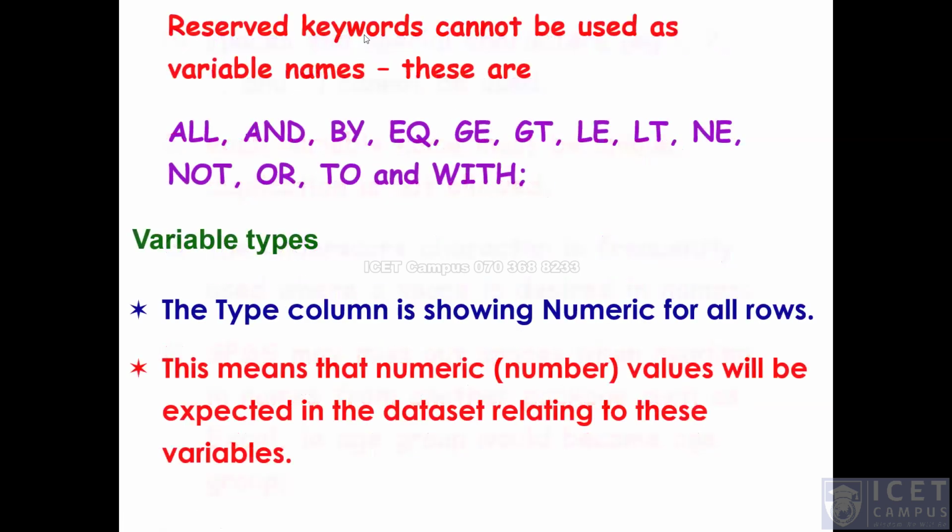Also, reserved keywords cannot be used as variable names: all, and, by, eq, ge, gt, le, lt, ne, not, or, to, and with. So these are the reserved keywords. Therefore, we can't use these words as variable names.